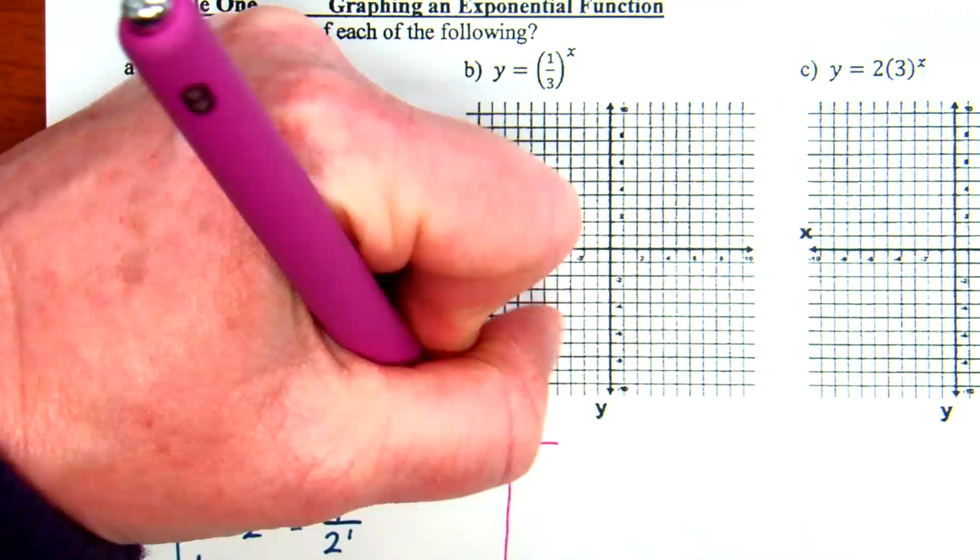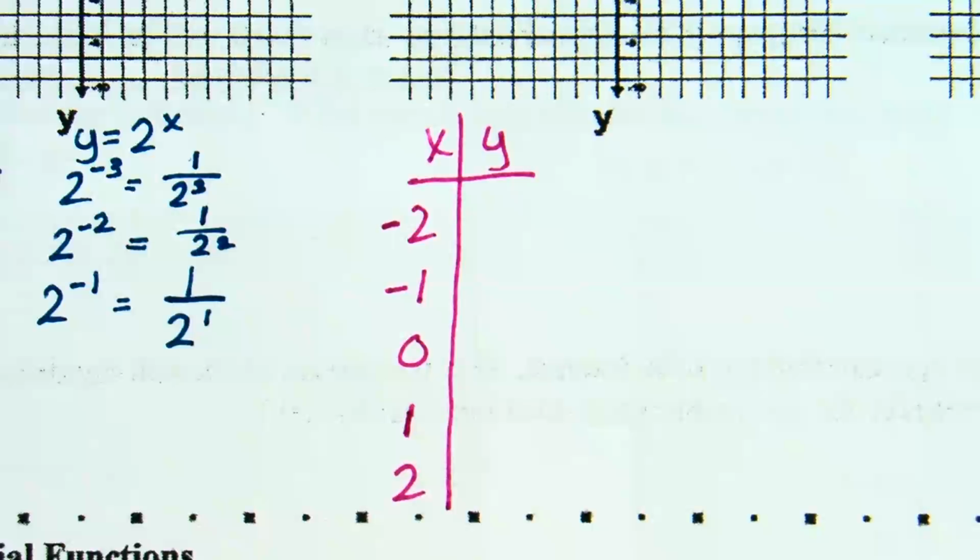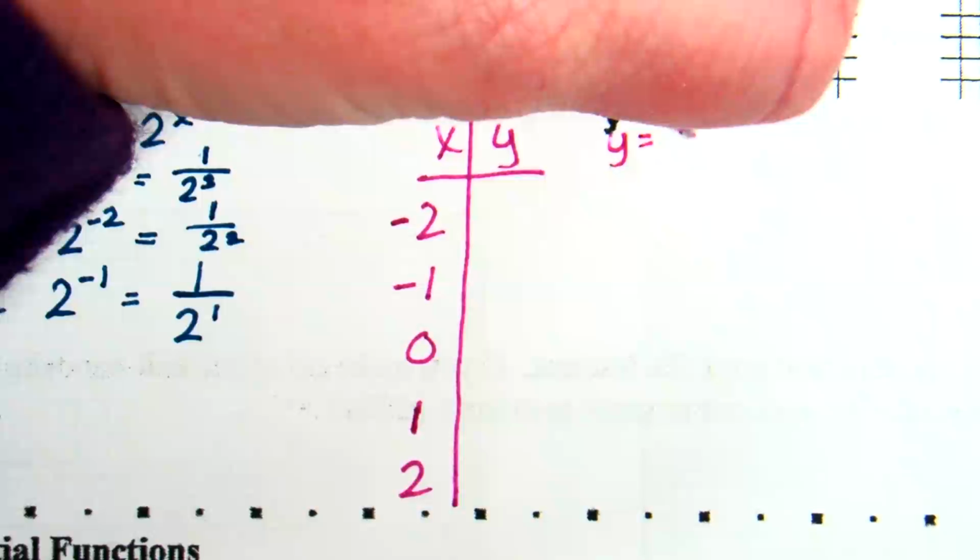So -2, -1, 0, 1, and 2. I'll zoom in on this part so you guys can see this part for right now. And this is 1/3 to the x is what I'm doing, right?